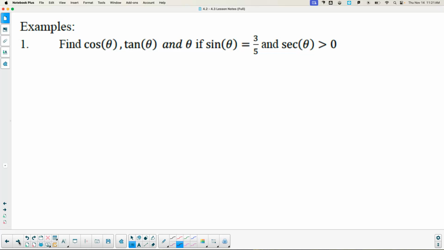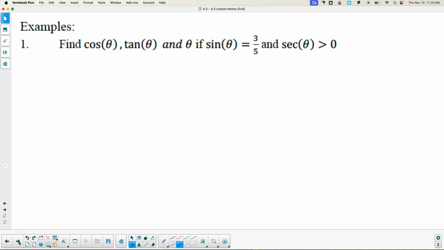Find the cosine and the tangent and the theta if the sine of theta is 3/5 and the secant of theta is positive. Two conditions here. Why did we have to give you a second condition? Now we've narrowed it down to the one answer that we need.